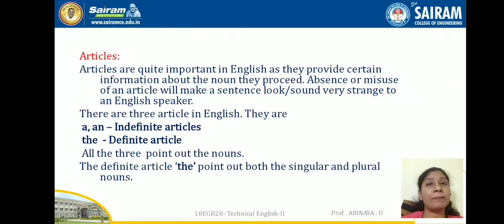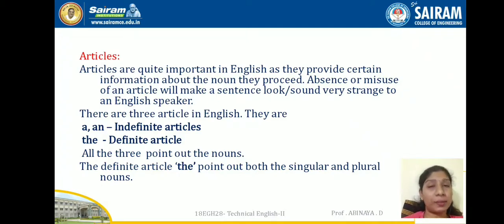First of all, articles we use only with nouns, not with any other parts of speech. We cannot use an article with a verb or an adjective or a conjunction. Only nouns can take articles in a sentence.